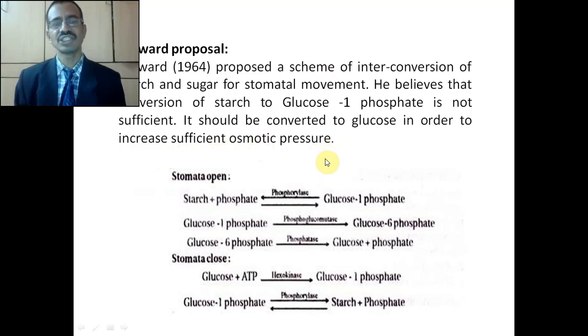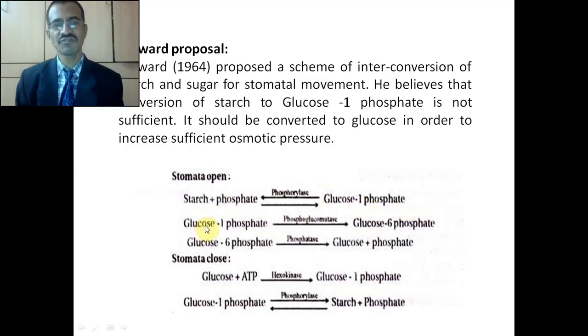So as per Stewart, he explained the total conversion mechanism of starch to glucose in different steps. In the first step, starch in the presence of phosphate and phosphorylase enzyme is converted into glucose 1 phosphate.